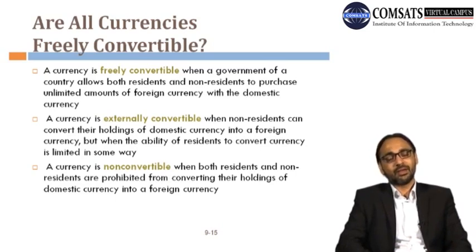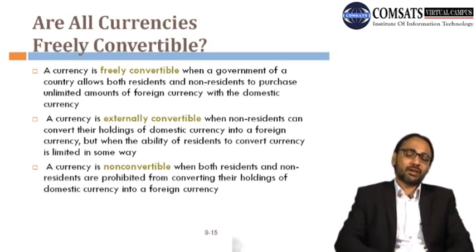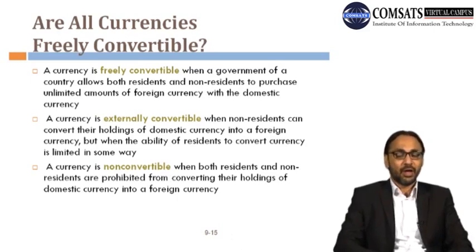Okay, let's talk about Pakistan. In Pakistan, sometimes the policy changes. At certain times, we directly fall into the externally convertible market, where non-residents can buy whatever amount of foreign currency they want.